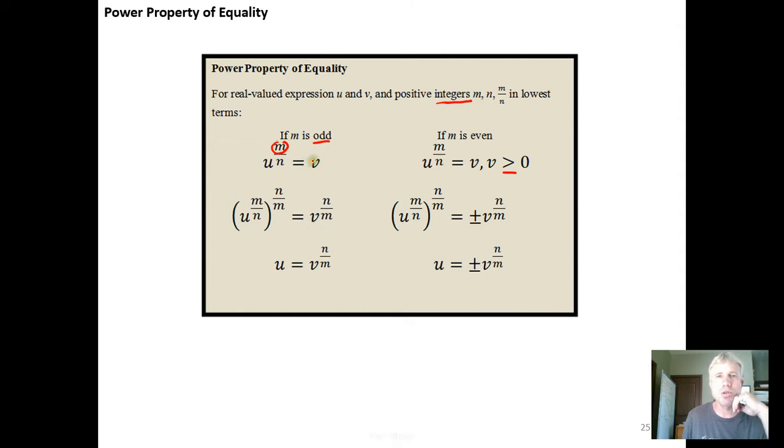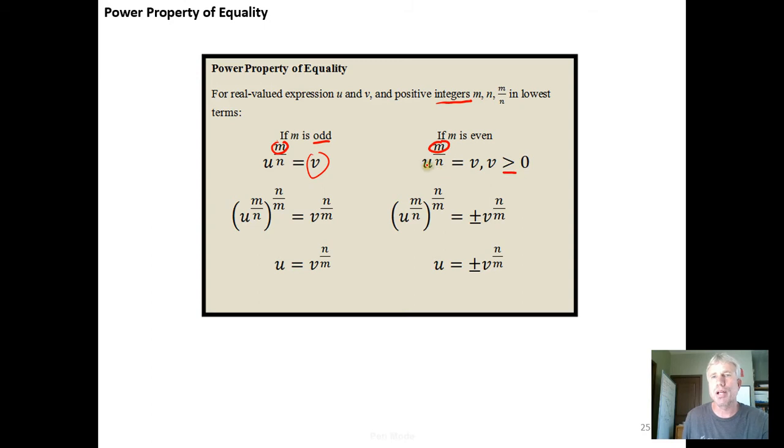And if it's odd, it's okay if v is a negative number, so v can be any real number you wish. However, if m is even, what we saw in the previous slide is that we can't raise a number to an even power and get a negative output. So v needs to be greater than or equal to 0. It can't be a negative number. That's the first thing that we need to realize.